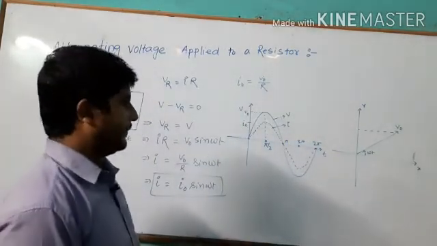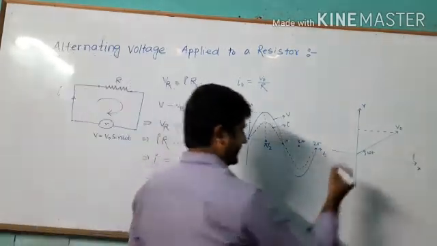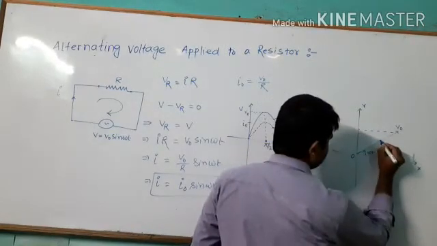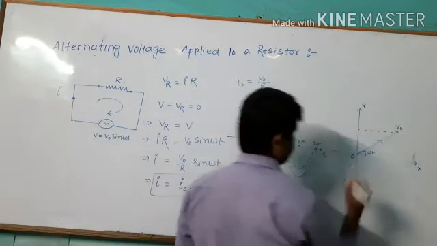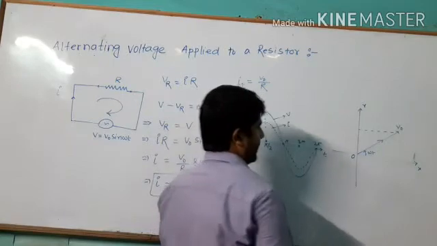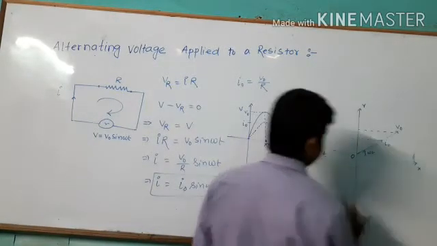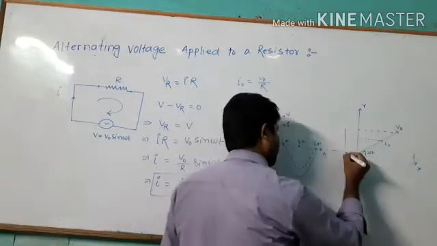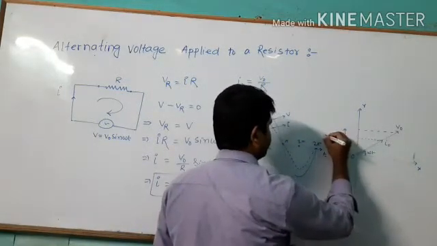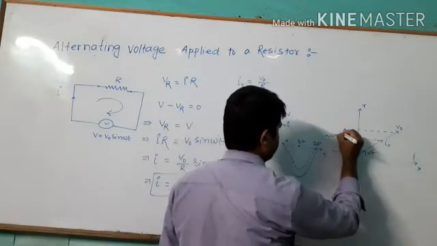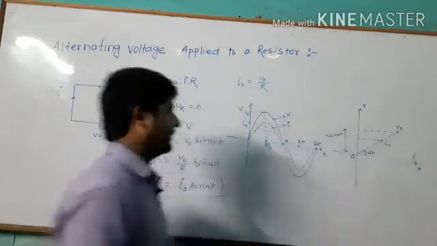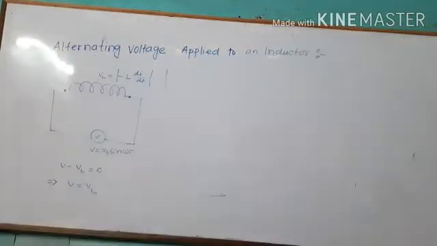Now as the voltage and current are in the same phase, at an instant this represents the position of this current, this is I0. This is instantaneous voltage V0 sine omega t, and this is I equal to I0 sine omega t. So this is the phasor diagram.